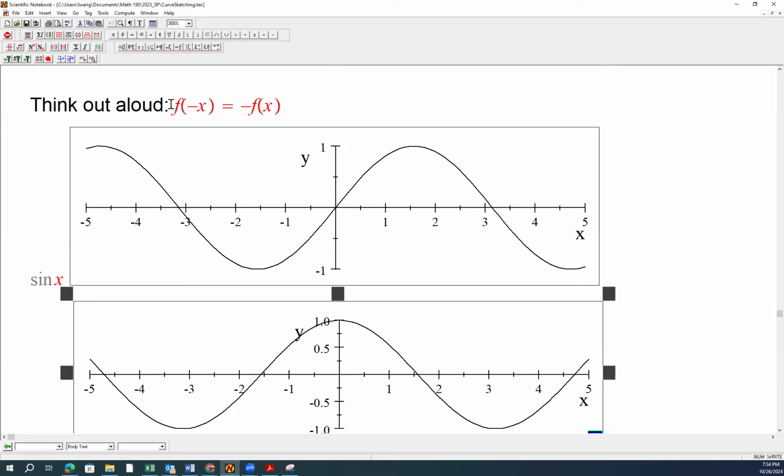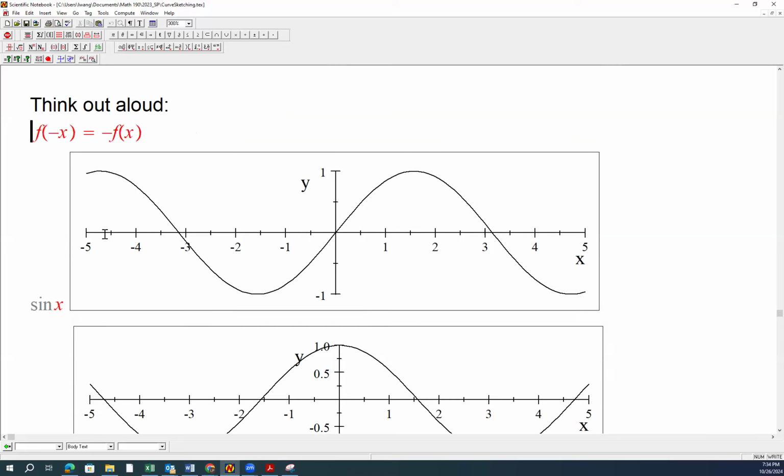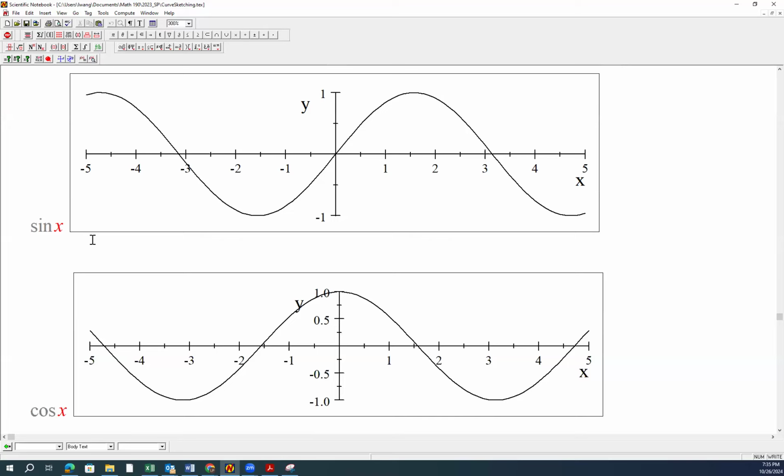Sine is odd. Cosine is even. What's so special about an even function? An even function is one where, when the inputs are opposite, the outputs are still the same. Opposite input produces the same output on this curve. Look at the cosine curve here.